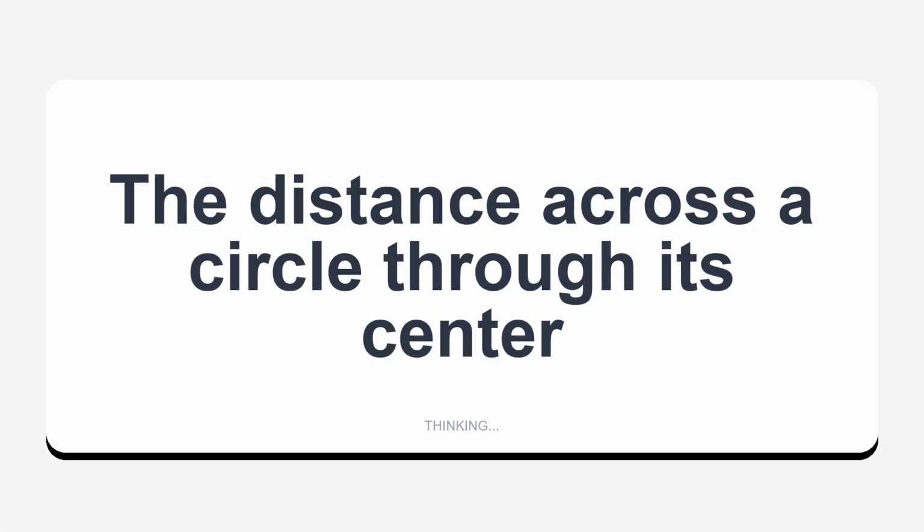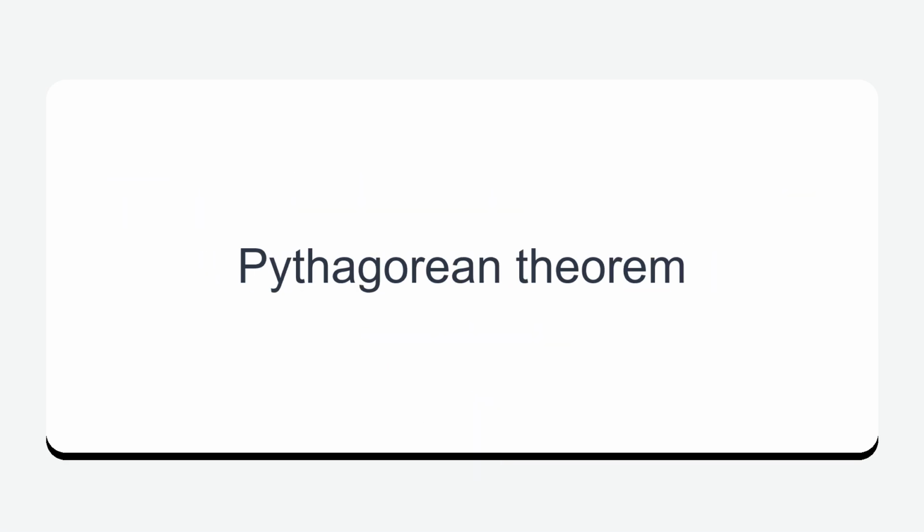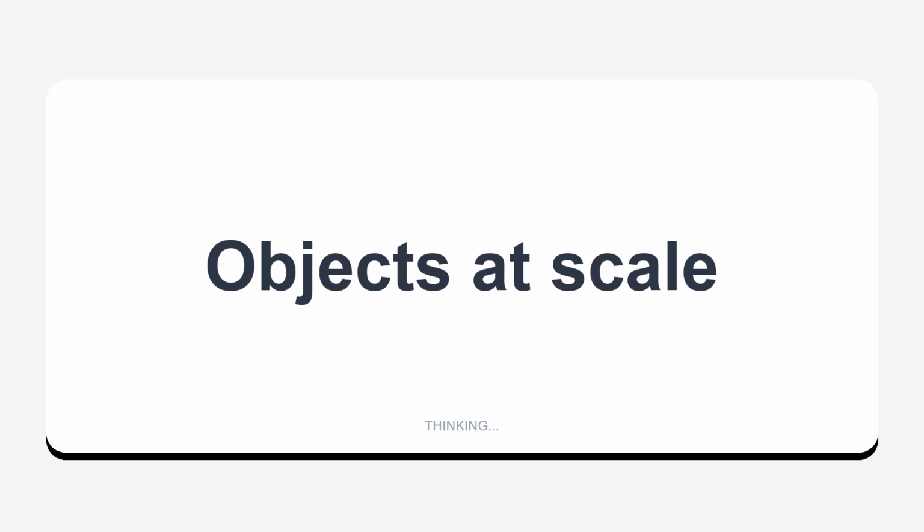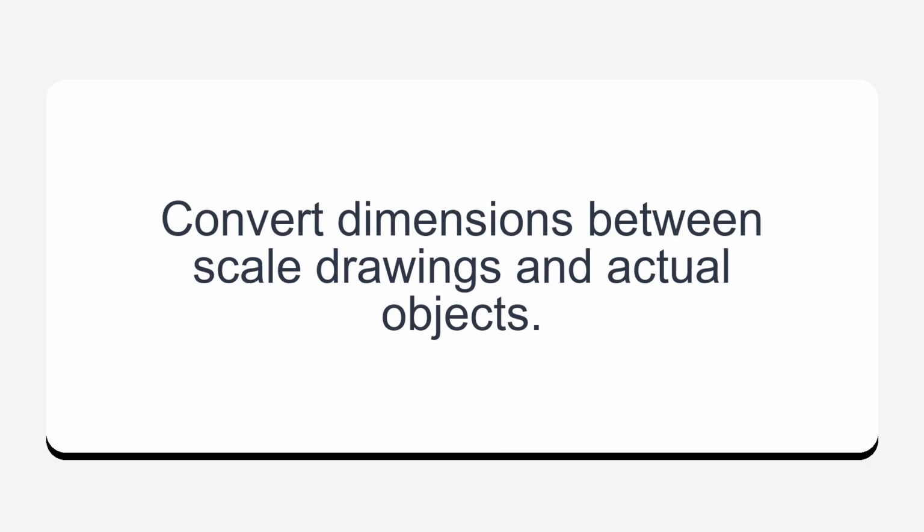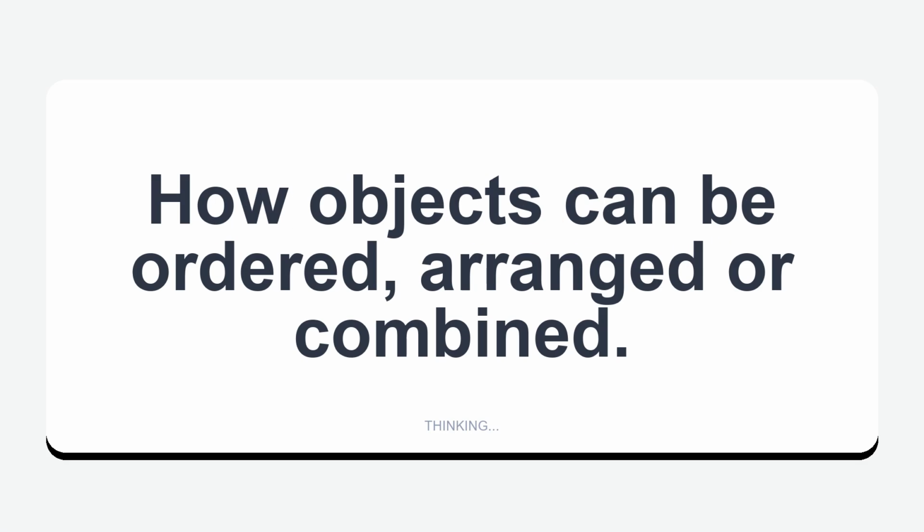The distance across a circle through its center. Pythagorean theorem. Objects at scale. Convert dimensions between scale drawings and actual objects. How objects can be ordered, arranged, or combined.